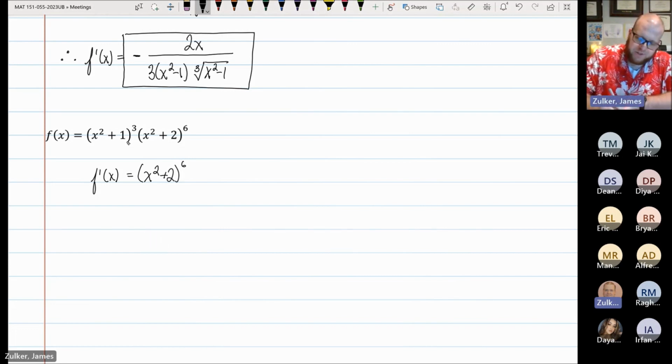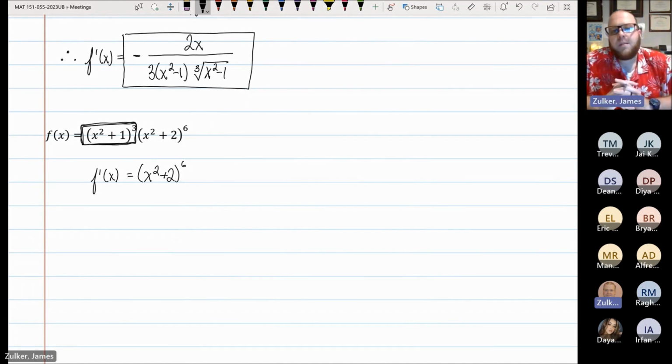So now I want to look at this function here. I'm taking its derivative. Again, I look and I go, what kind of function am I dealing with? It's a power function.